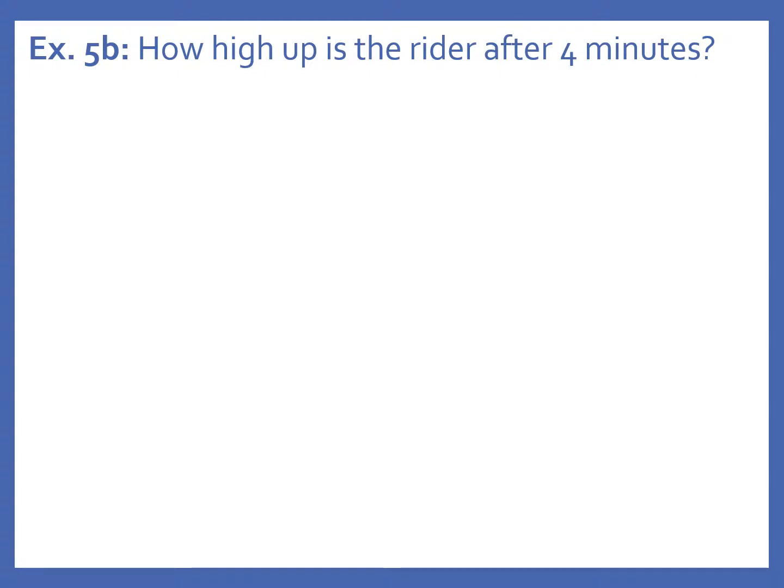How high up is the rider after 4 minutes? So this is something a little bit new compared to yesterday, or at least our first half. So the first thing, I made my scale in seconds, so let's convert this to seconds first. 4 times 60 equals 240 seconds. Now we're going to go to our equation.